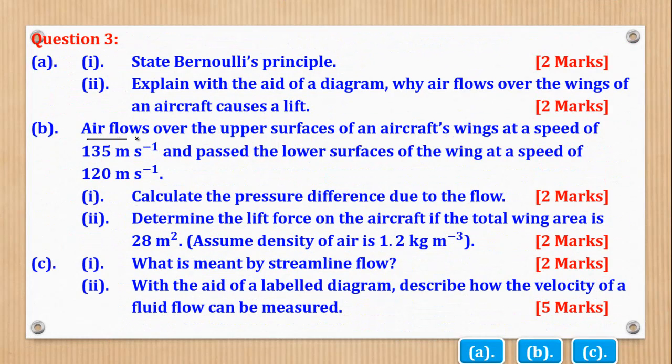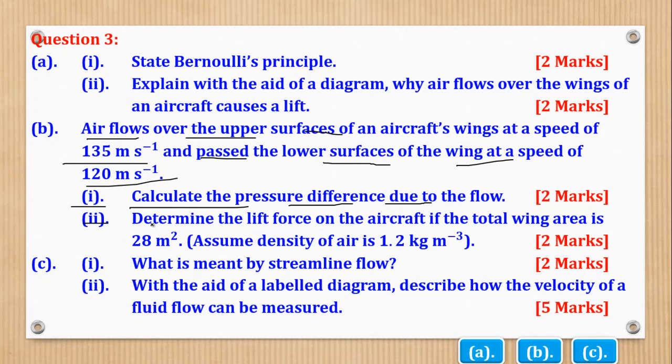Part B says air flows over the upper surfaces of an aircraft wing at a speed of 135 meters per second and past the lower surfaces of the wing at a speed of 120 meters per second. Roman 1, calculate the pressure difference due to the flow.